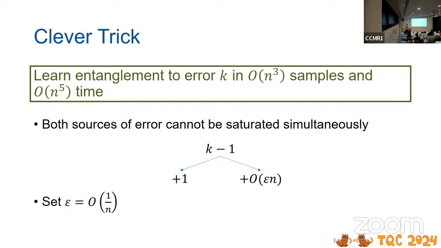So what ends up happening is that if you set epsilon to be O of 1 over n, then both of these are just +1, give or take. So k-1 + 1, you just get k. So basically we can, like I said, get rid of this plus O of epsilon n error by doing some clever parameter counting and knowing that these bounds are not saturated at the same time.